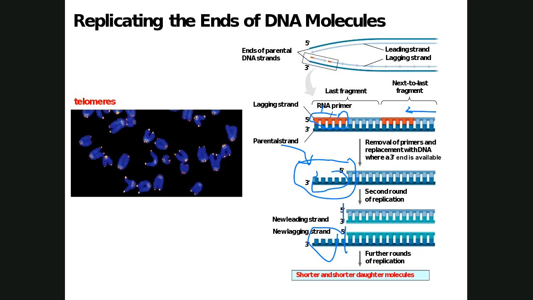But maybe one of the ways to slow down aging or control aging is examining these telomeres. Basically the idea is if you could stop this from happening, then the chromosomes would not shorten eventually to a point where they start destroying good genetic material. If the chromosome gets short enough, then you start cutting into the stuff that really is genes, and that causes problems. And we think that might be part of the aging process.